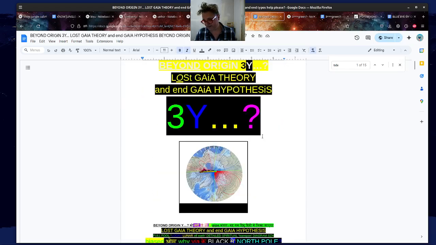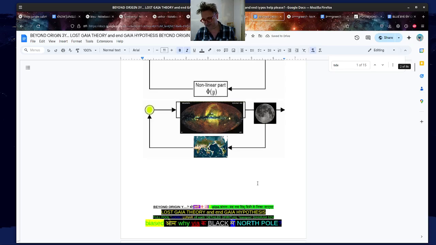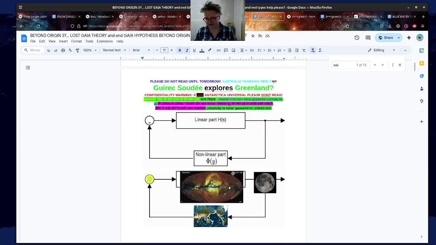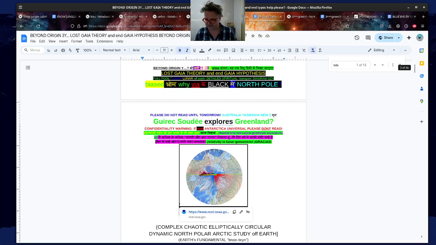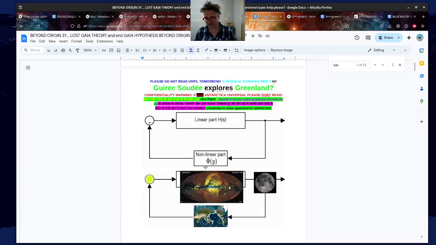I thought that was fairly clear on what the whole concept was, but it might not have been, so I'm going to move it up here. It's kind of hard to shrink that down to size because this model of the North Pole also explained what we were trying to talk about here.